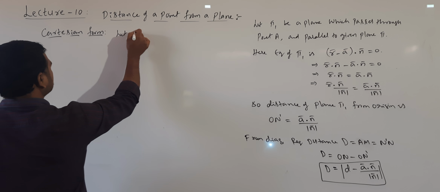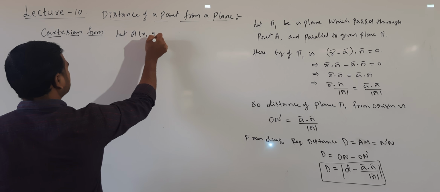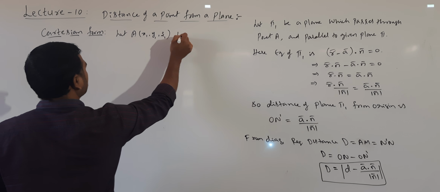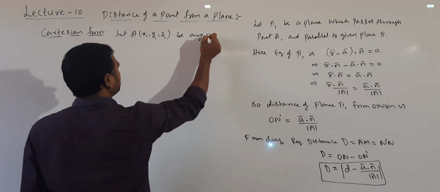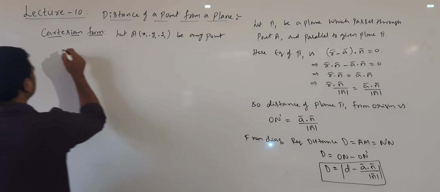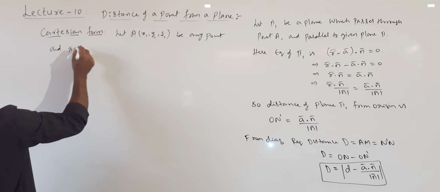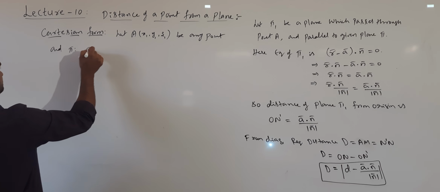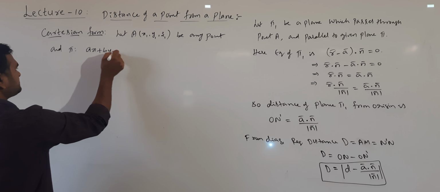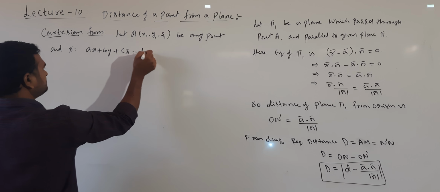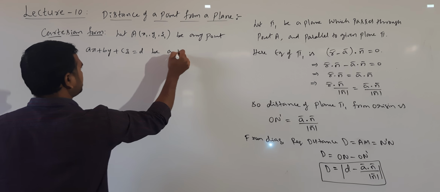So let A(x1, y1, z1) be any point, and plane equation we write in a Cartesian form: ax plus by plus cz is equal to d, be a plane.